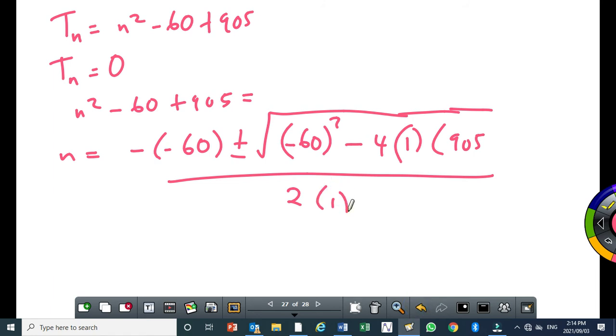I'm using the quadratic formula. You should not get so surprised. So this gives me 60 plus or minus the square root of 3,600 minus, what is 4 times 905?